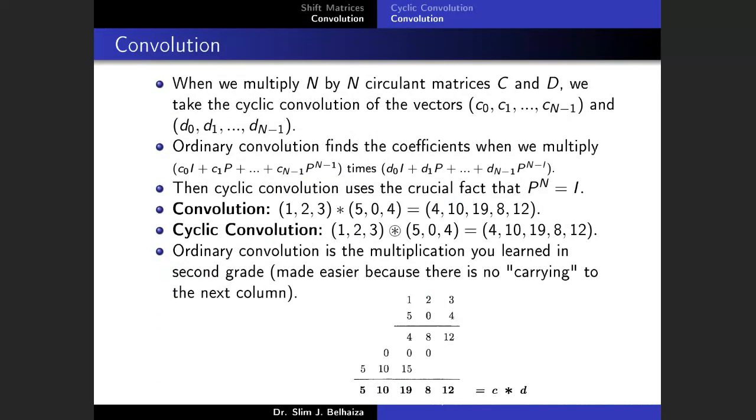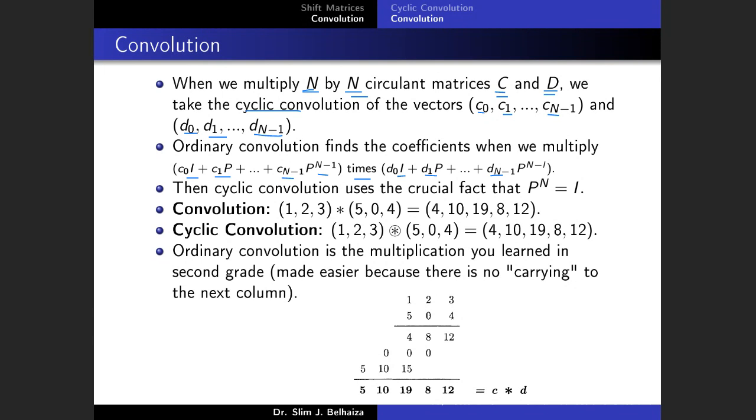So what is convolution? When we multiply n by n circulant matrices C and D, we take the cyclic convolution of the vectors C0, C1, up to Cn minus 1, and D0, D1, up to Dn minus 1. So this is for cyclic convolution. Now, ordinary convolution finds the coefficients when we multiply C0I plus C1P plus up to Cn minus 1P to the power n minus 1, times D0I plus D1P plus up to Dn minus 1P to the power n minus 1.